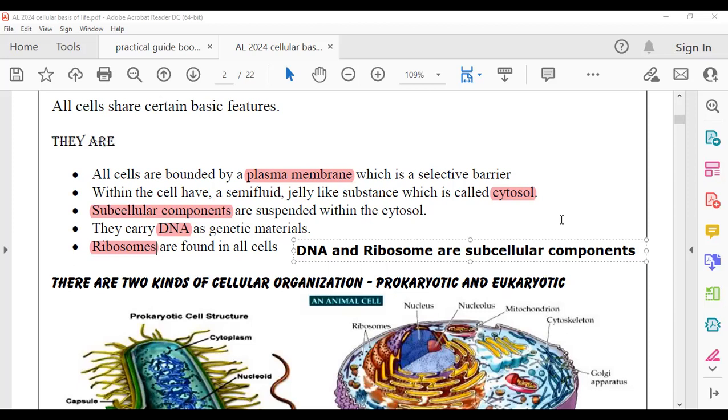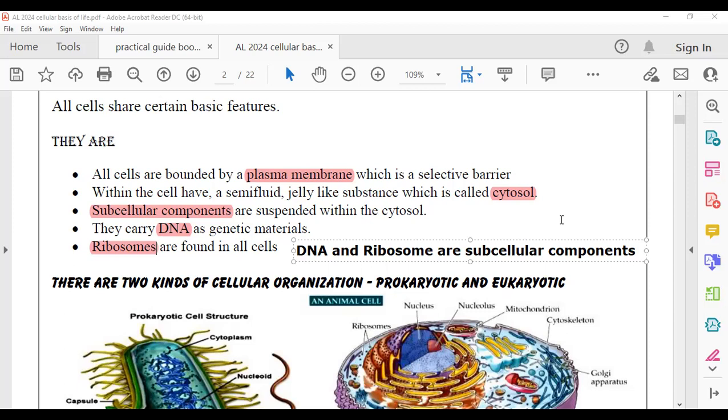DNA's description is genetic material. Ribosome's description is, it is protein synthesizing subcellular component. Clear?